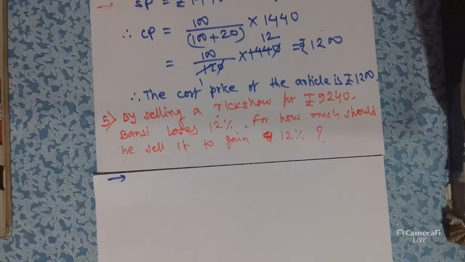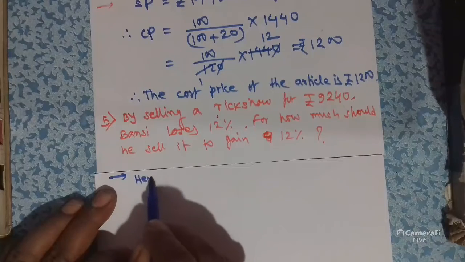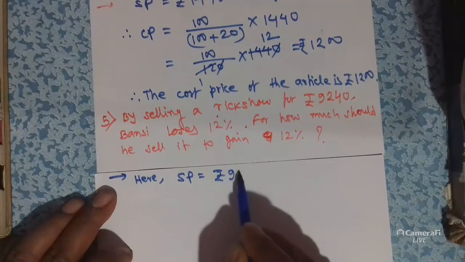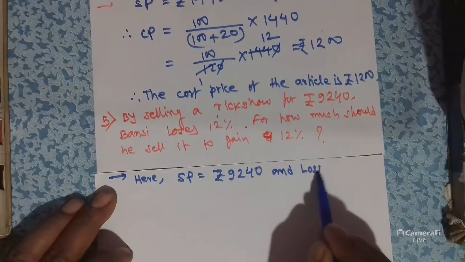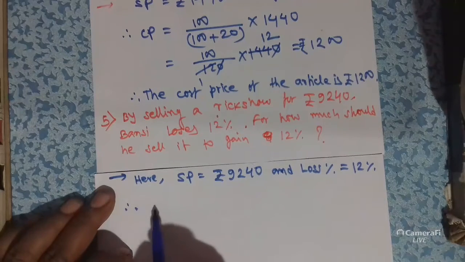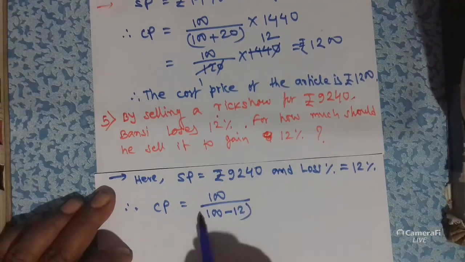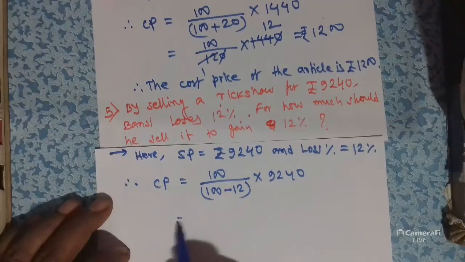Now students, at first we have to find the cost price. So here selling price is equal to rupees 9240 and loss percent is equal to 12%. So therefore cost price is equal to 100 by 100 minus loss percent multiply selling price. Now calculate it.